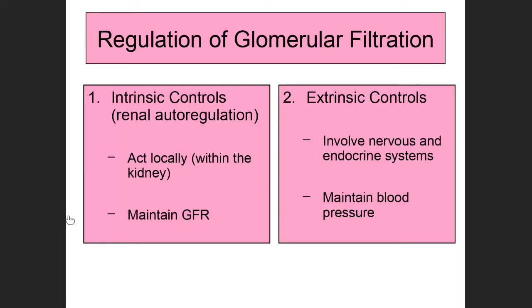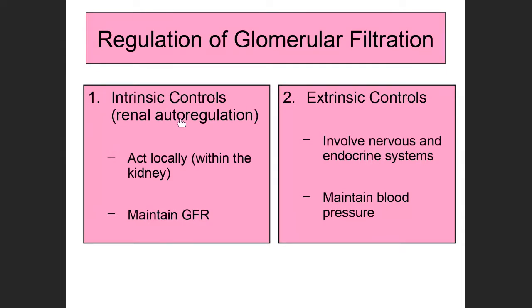So I mentioned previously that the rate at which filtrate is formed, the glomerular filtration rate, or GFR, is something that the body tries to keep consistent. It's about 125 milliliters a minute. Under normal, healthy circumstances, blood pressure is good in the body. The kidneys work really hard to keep it at that through what are known as intrinsic controls, or renal autoregulation.